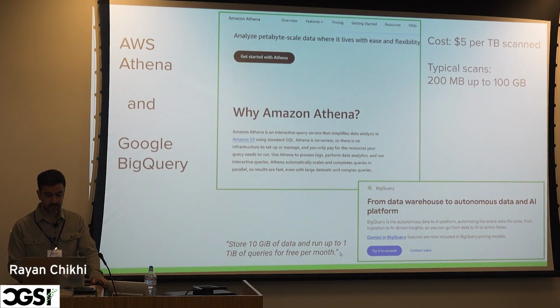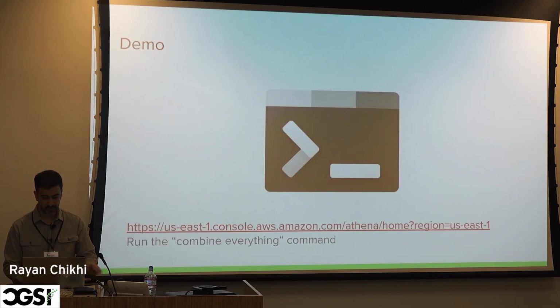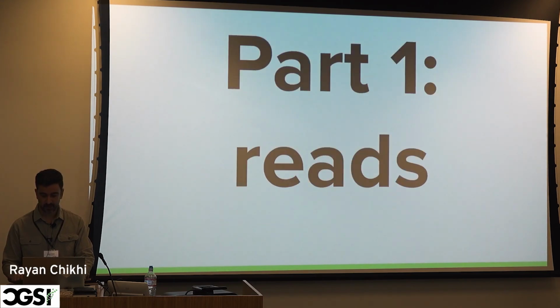Google has an interesting scheme where they can actually do 1 terabyte of query for free per month. So interesting if you want to go into free tier territory. This was a demo, so I've run it at the same time. Okay, now moving on to reads download.